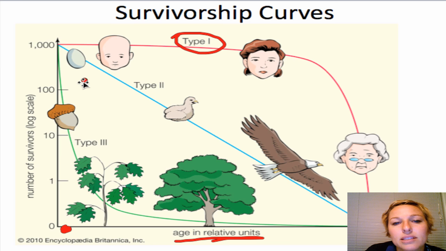An example would be birds, also lizards, small mammals all have a type 2 survivorship curve.